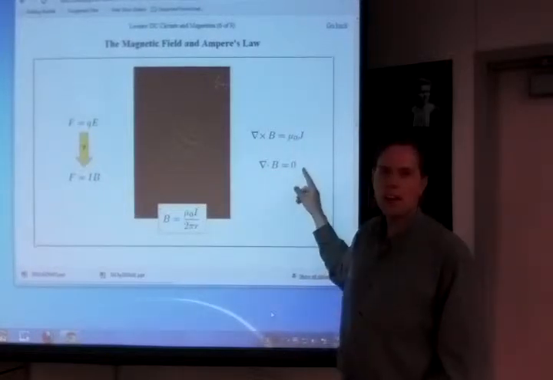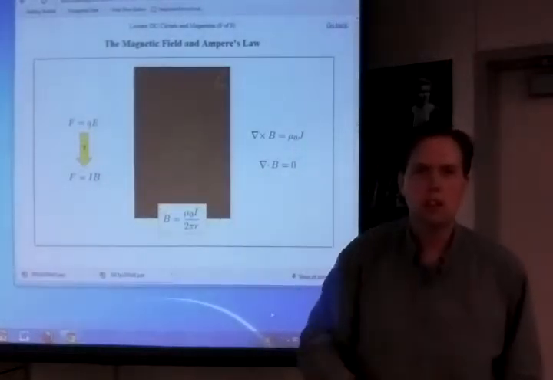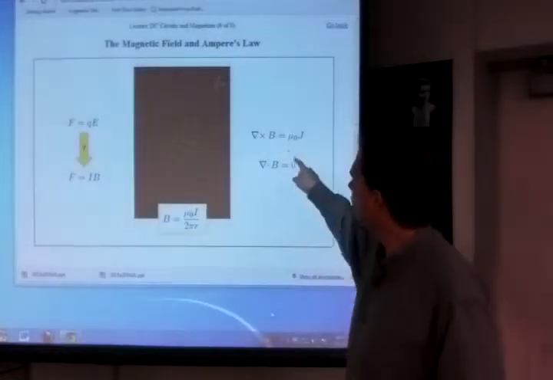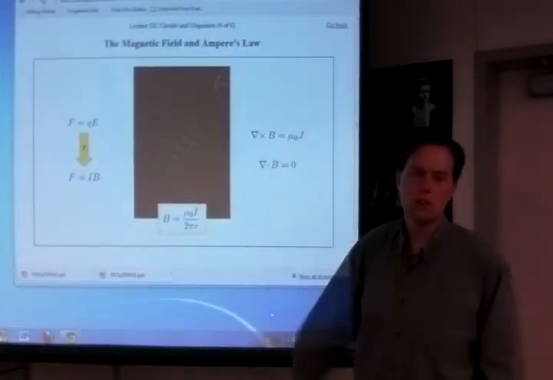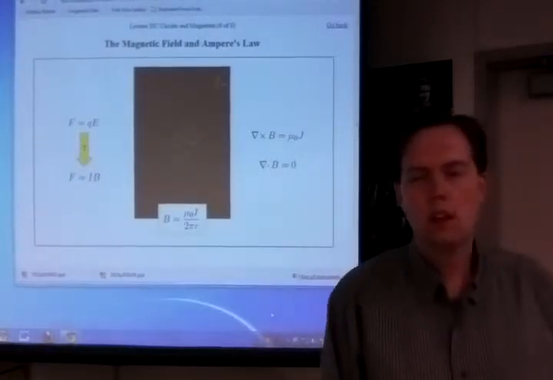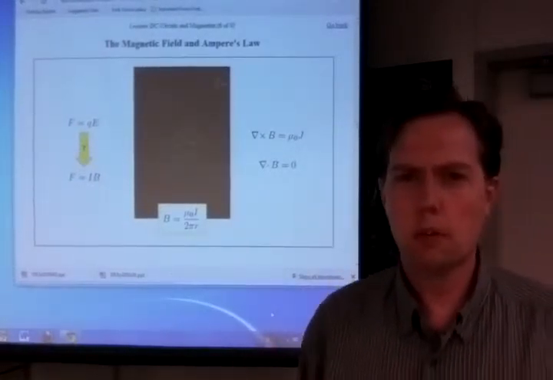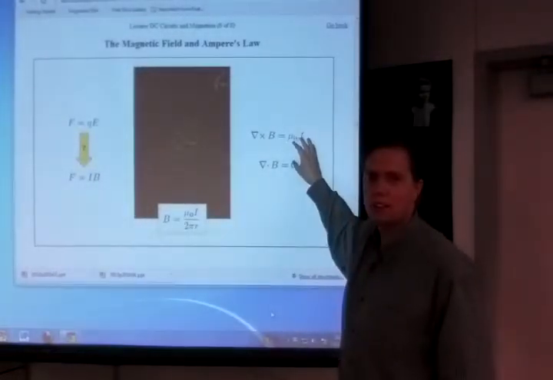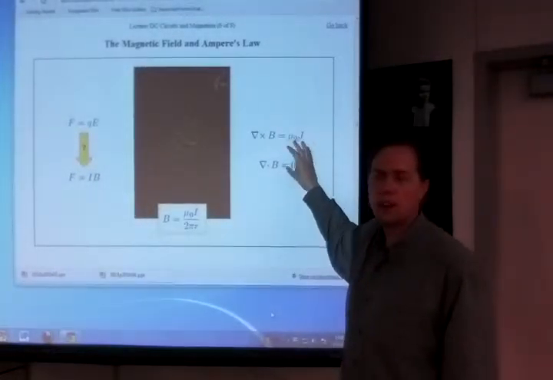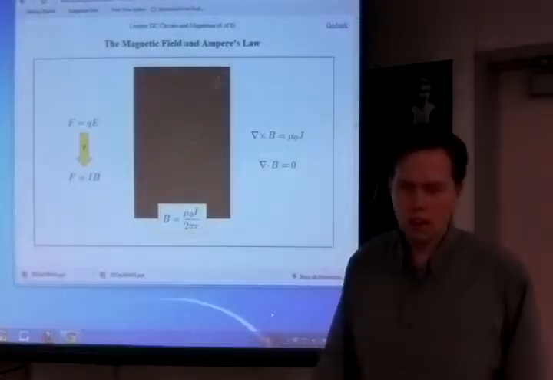The magnetic field has no divergence. It's all circulation, it's all curl, and this J represents the current density. It's I divided by volume, effectively. And so this is how you represent the magnetic field using that kind of notation.